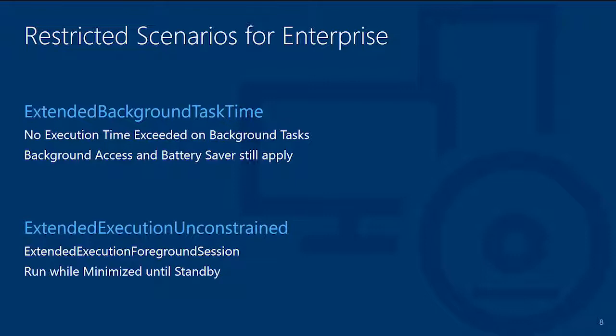And for these, we've enabled the ability for both your background tasks and your foreground applications to run as long as they would need to. So extended background task time will remove the execution time exceeded cancellation reason, as well as the idle violation reason for any background tasks that you may create in your app package.